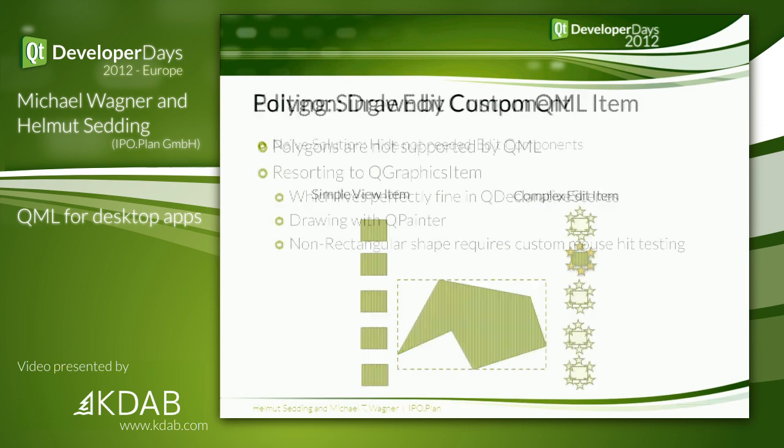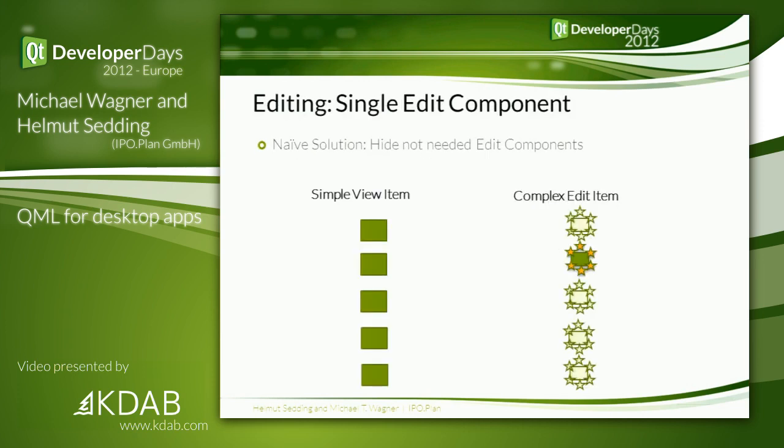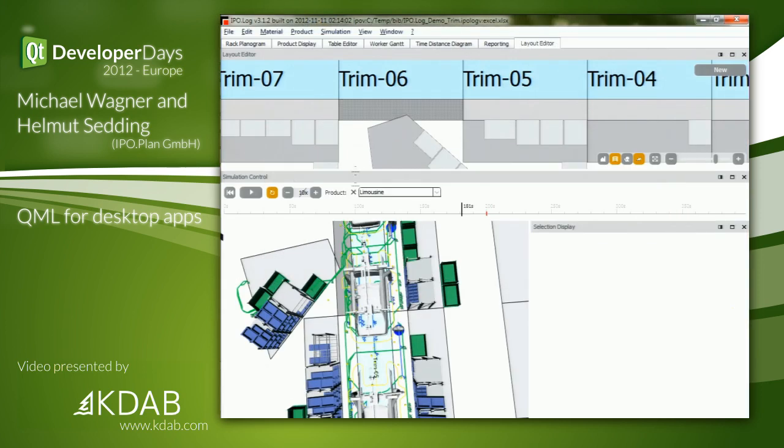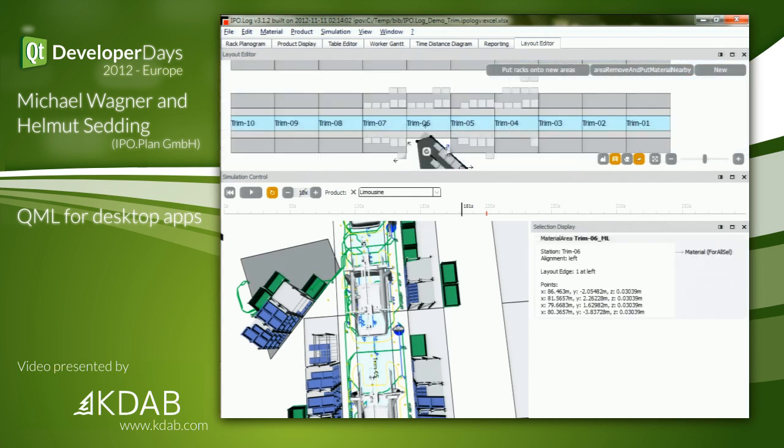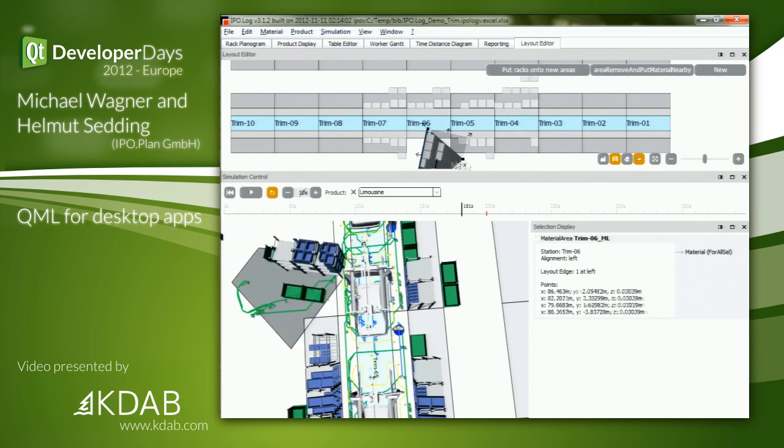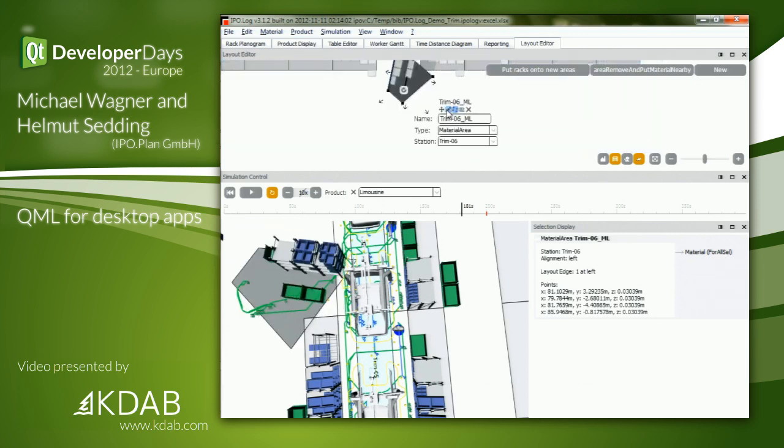Okay. Well, I'm going to show you another usage pattern. Often it is the case that you need to edit elements. For example, here in the layout editor, we can edit the areas. We have some arrows here, some points to drag, we have the rotation thing, we even have lots of buttons down here to change text and whatnot.